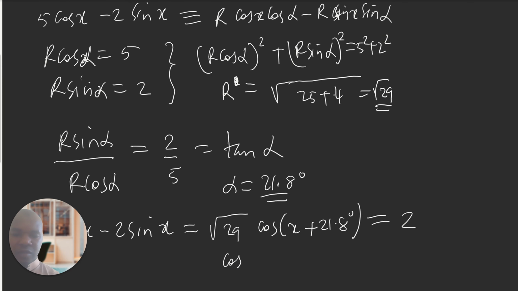So cosine of x plus 21.8 degrees is equal to 2 over square root of 29.